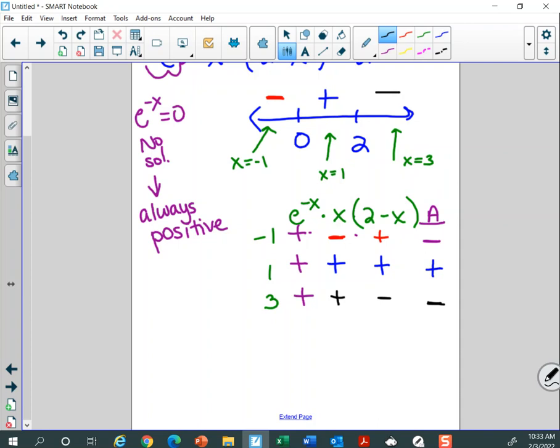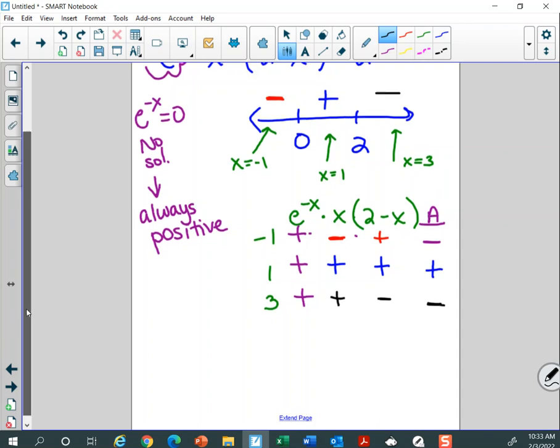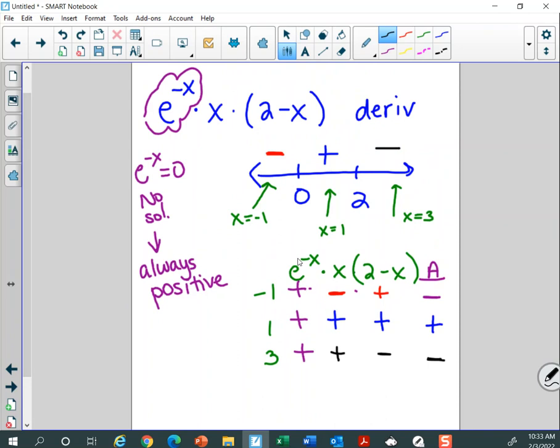Every step to get to this number line is something we've learned before. The twist is we're doing this with the e function in there now, with that exponential function. Like I said, I tend to focus on doing this without a calculator because we have to do it without a calculator in AB.